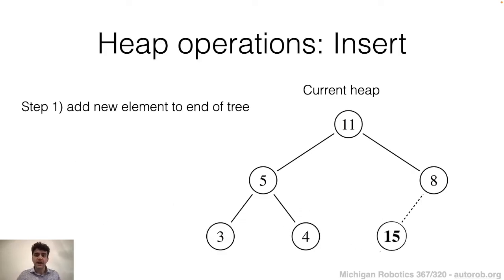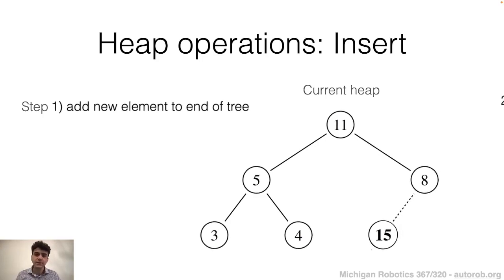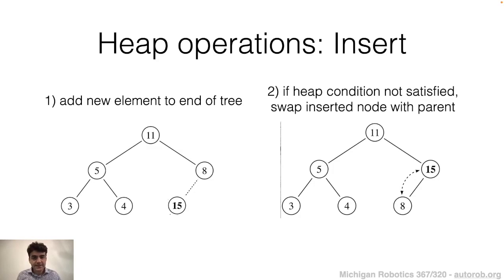Right, so once we've done that, we've effectively broken our heap temporarily, right? So the second step of the heap insertion is to check if the heap condition is satisfied. If it's not satisfied, which in this case it's not, then we're going to swap the inserted node with its parent, right? And so this is an attempt to fix the broken heap condition, which we broke when we inserted the element at the end of the tree.